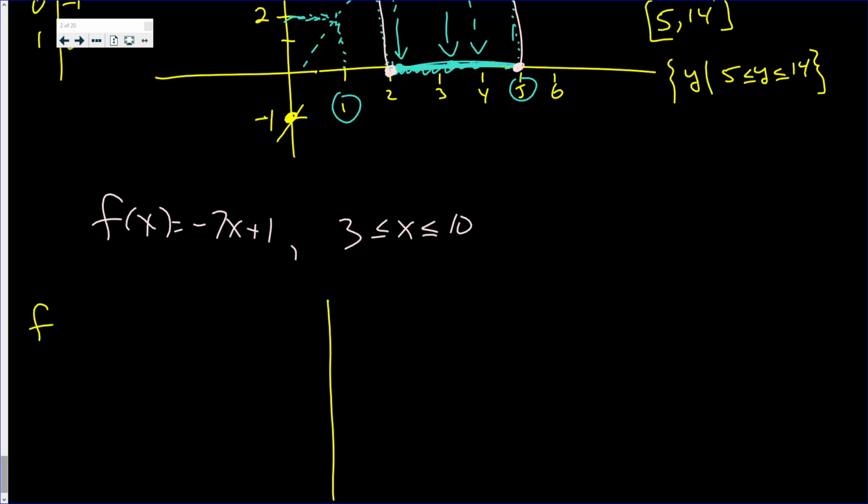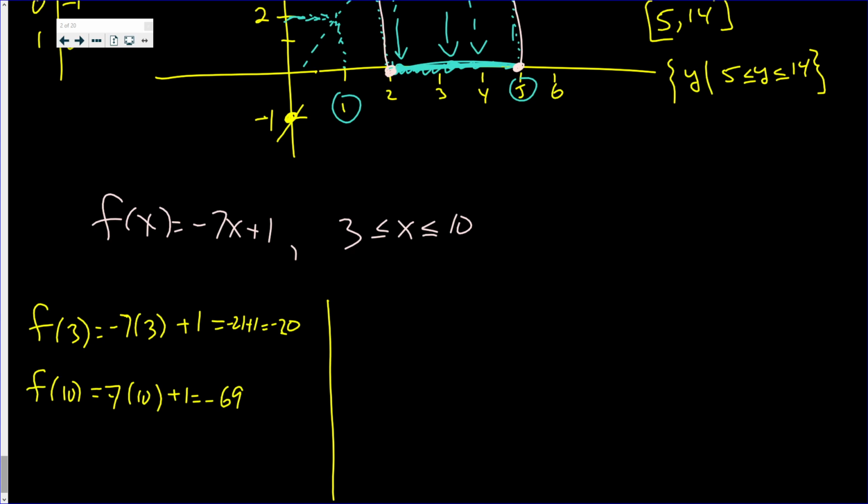Well, f of 3 is negative 7 times 3 plus 1. It's negative 21 plus 1, which is negative 20. f of 10 is negative 7 times 10, which is negative 70, plus 1 is negative 69.